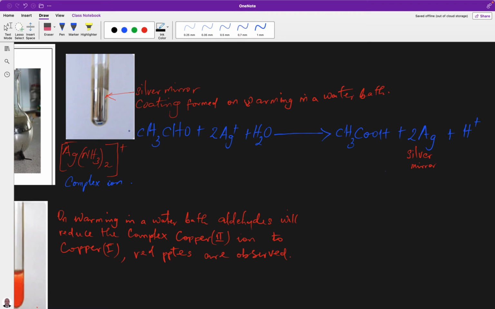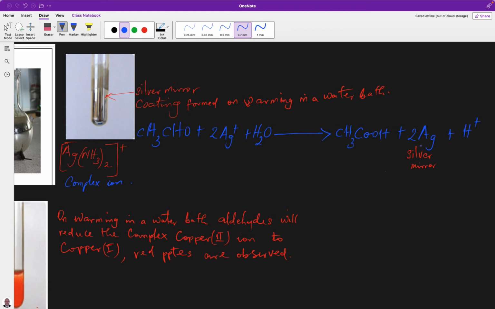The aldehyde is going to reduce the silver(I) ion to silver metal, and the aldehyde itself is oxidized to the corresponding acid, in this case ethanal to ethanoic acid.